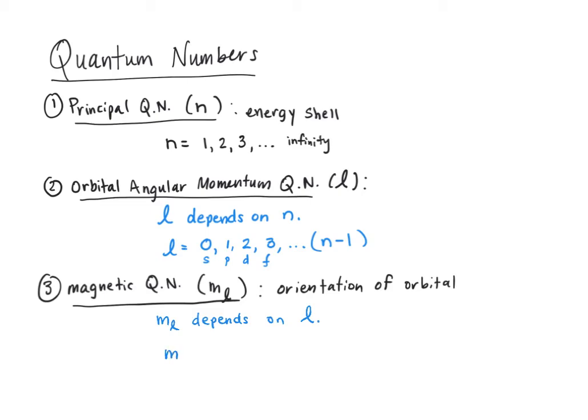Specifically, M sub L can have numerical values that range from negative, whatever L is for a particular orbital shape, through the number 0, all the way up to whatever positive L is. Let's do an example for d orbitals, where the orbital angular momentum quantum number L is equal to 2.